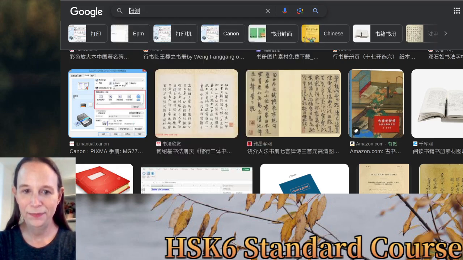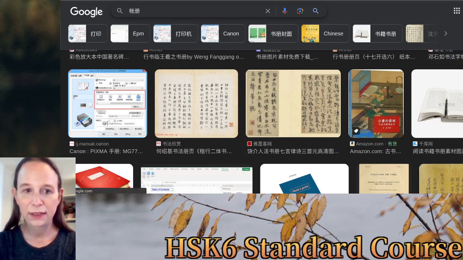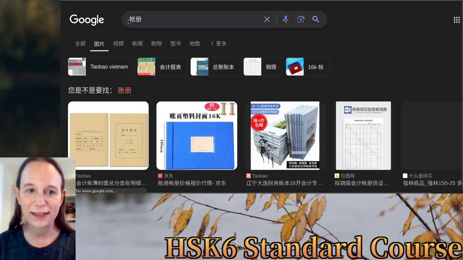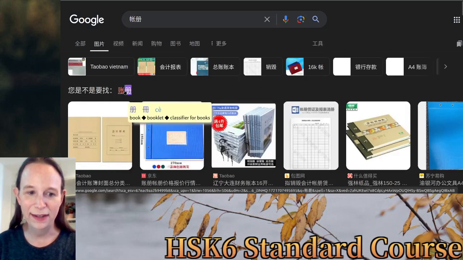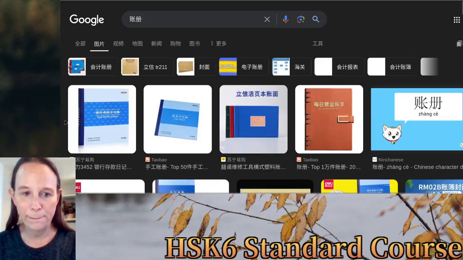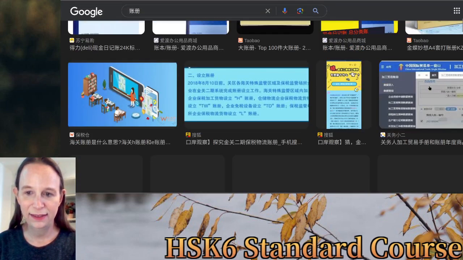张策. Yes, I have to put it in manually. 张策. That's the other way of writing 张 as well, by the way. It prefers this one. 张策. I don't know.